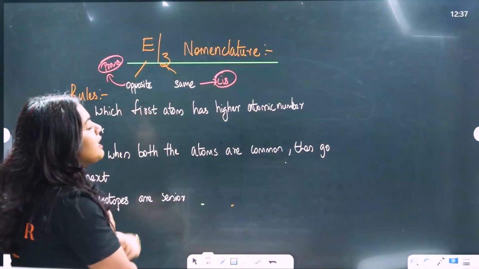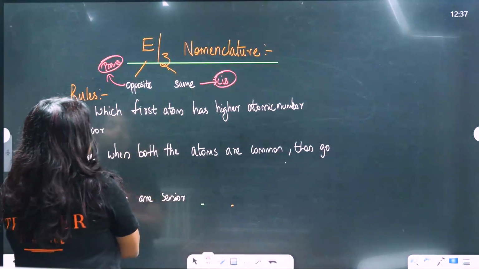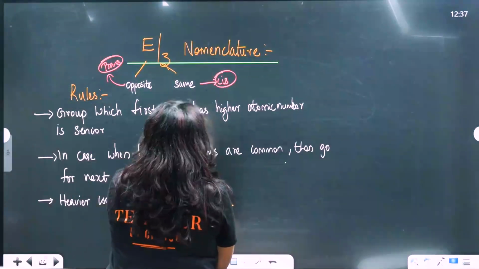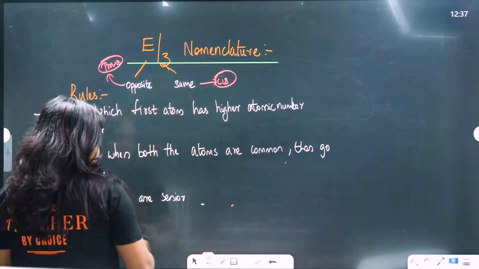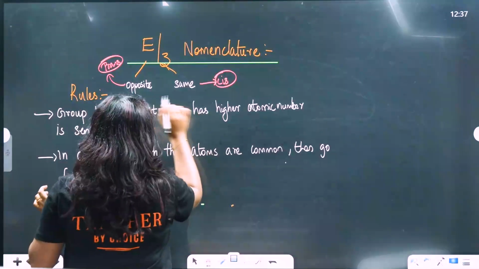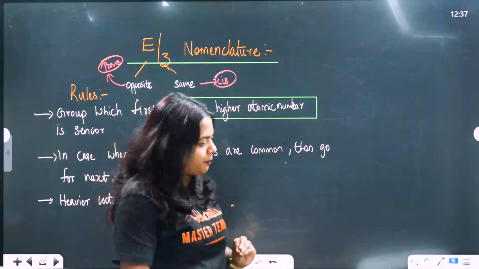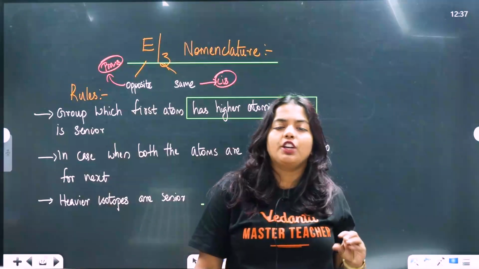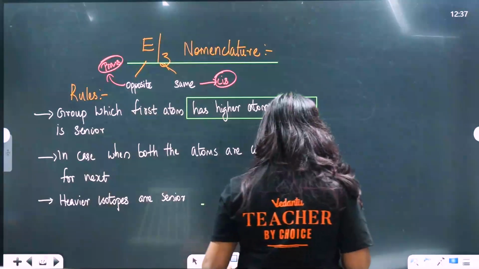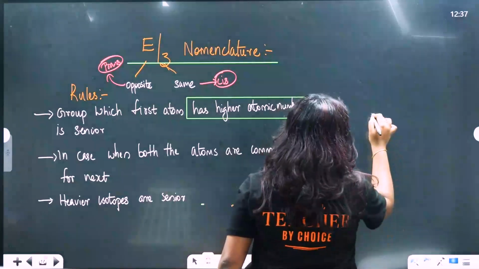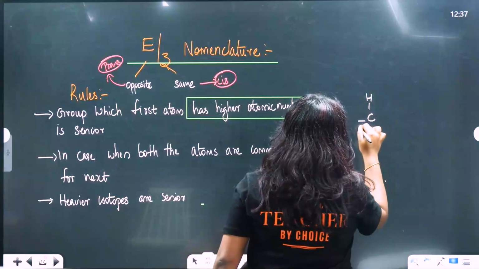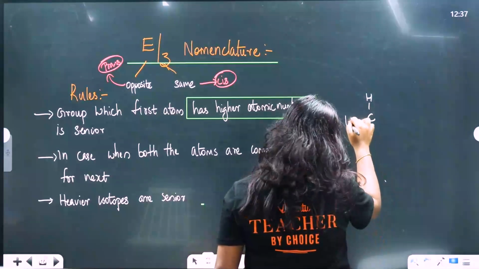First of all, listen carefully to what this is telling. The group whose first atom has the higher atomic number is the senior. For example, you have a carbon, and one of the carbon's valences is filled by hydrogen. So one is hydrogen, another one is also hydrogen.